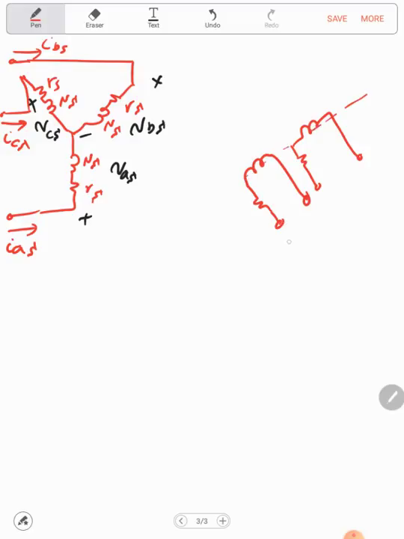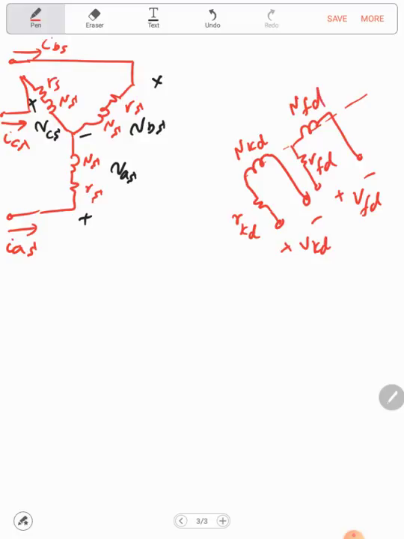So let's assume this is plus minus VKD. So this will be RKD, and this will be the NKD. The same thing, let's assume this is plus minus VFD. So this will be the RFD, and this will be the NFD.